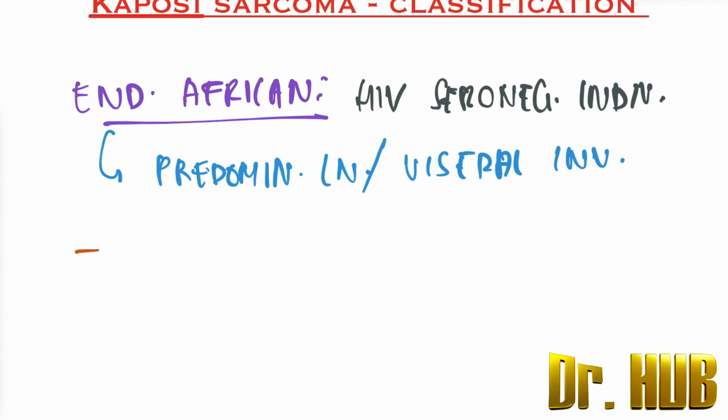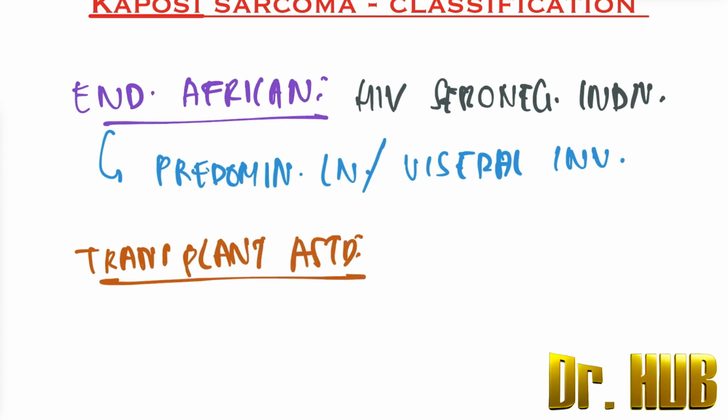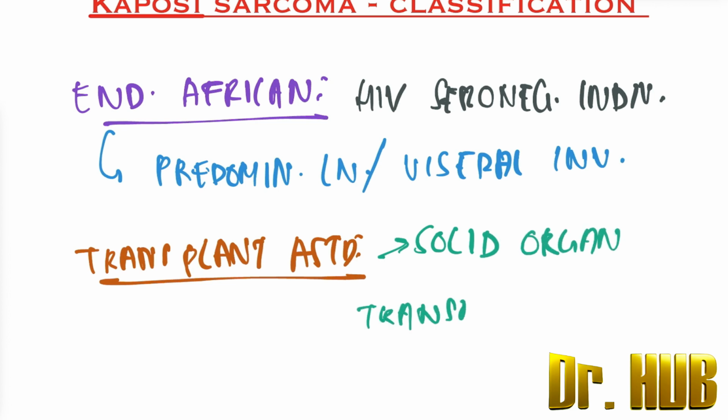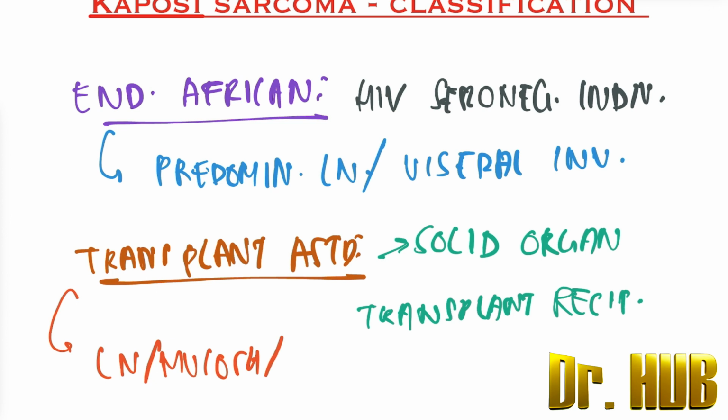Then we move on to the transplant associated. In terms of the transplant associated, it is seen in solid organ transplant recipients, and it involves the lymph node, mucosa as well as the viscera.